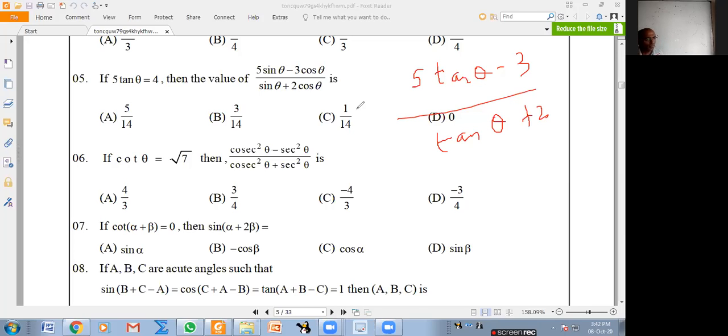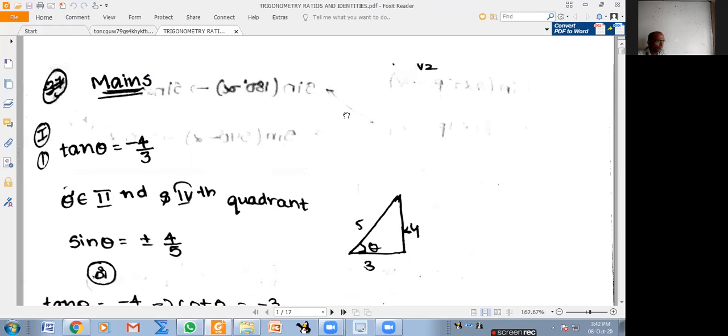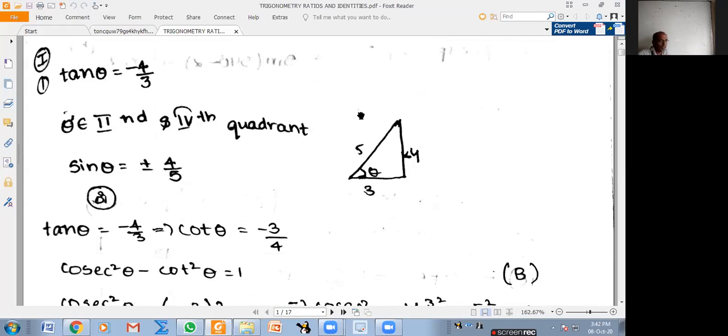You don't have to write any of these things, because I already uploaded a PDF with the details. Let me see whether it's there properly. Yeah. So this is the mains odd numbers that I discussed in the class earlier. For the first question, the solution is there.